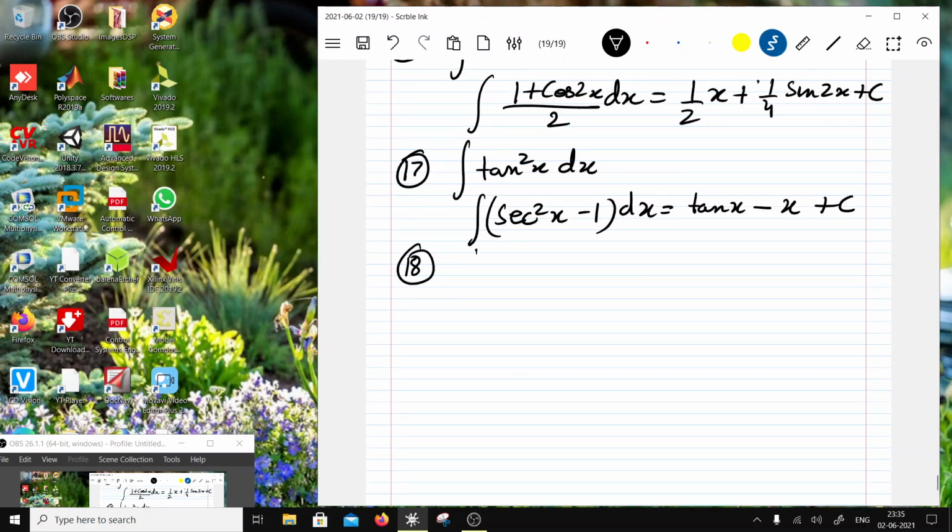Similarly, I have got integral of cot square x. 1 plus cot square x is equal to minus cosec square x.